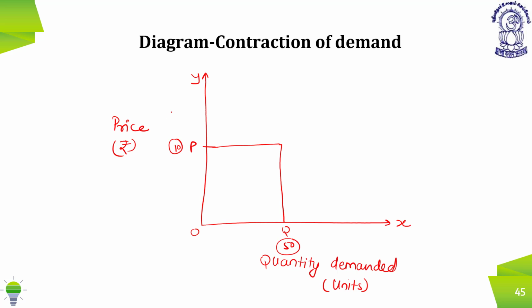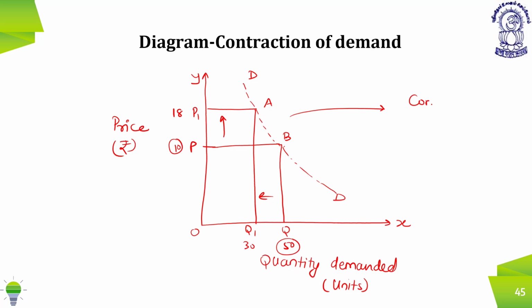The price has gone up from 10 to 18. Now there is a fall in the quantity demanded from 50 to 30. And this is our contraction of demand. There is a demand curve showing contraction of demand.